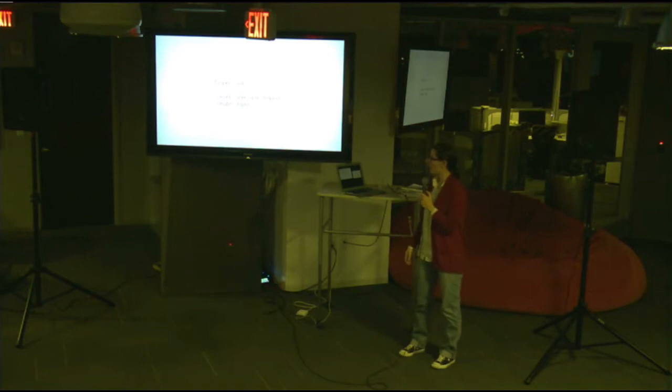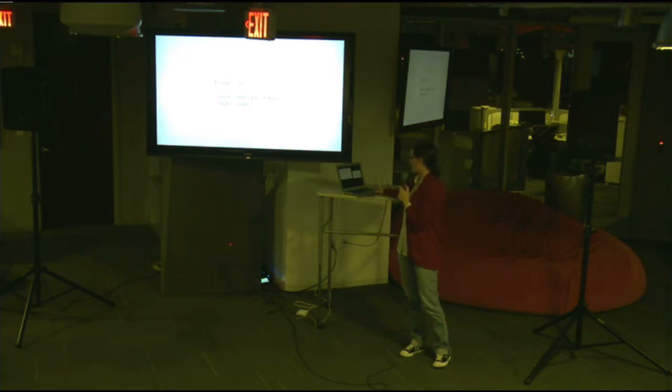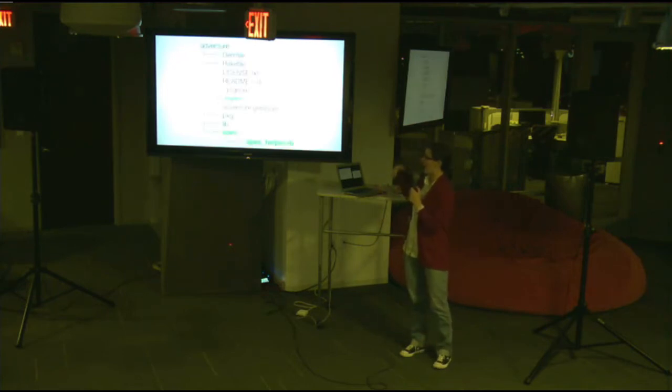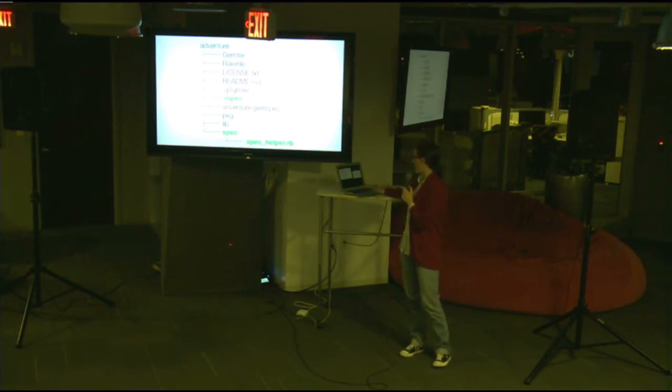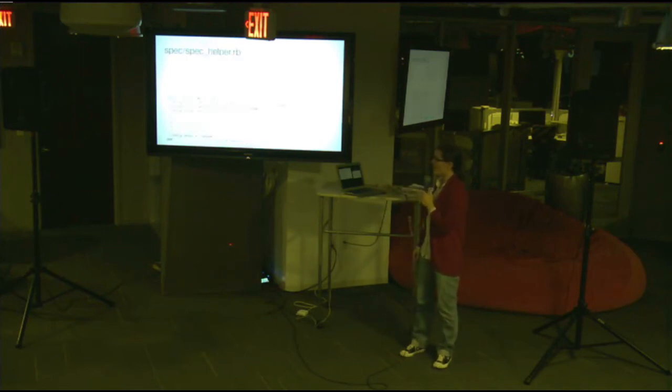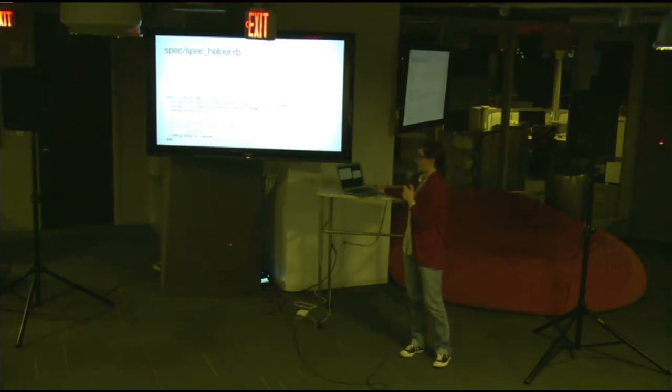And then if we want, we can initialize RSpec, and that will make us the helper file and the config file. And it's just going to add that to our main folder, like so. And this is the spec helper file that is automatically generated. I'm sure you've seen it all before many times.